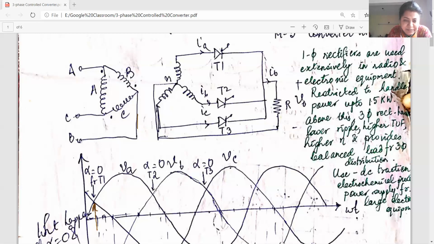Again, after this interval, that is omega t equal to 150 degrees, alpha 2 is equal to 0 degrees.